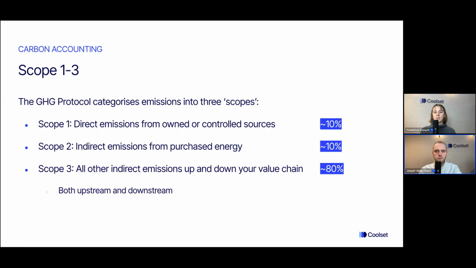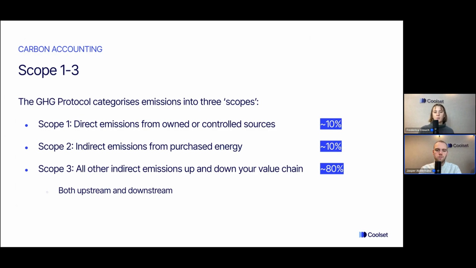Scope 2 is the indirect emissions from purchased energy, so electricity, steam for heating and cooling, but again, that purchased energy that you bring to your company. Again, pretty small, around 10% on average for most companies, often smaller if a tech or small office company.